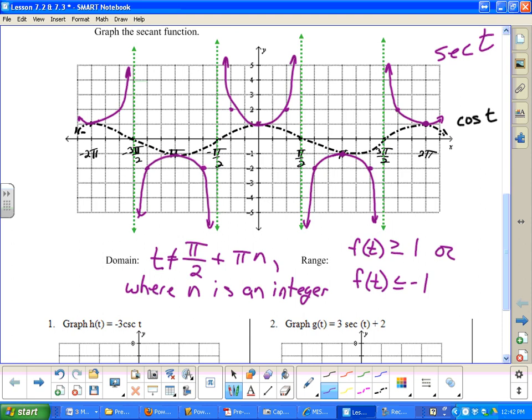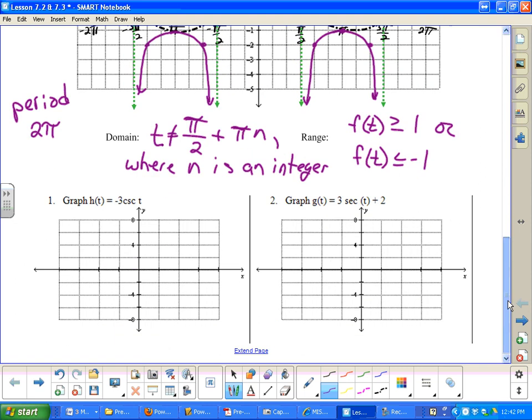And the period is 2 pi. Is that better, Allie? Just that when you're doing it a lot, then it's easier just to put a line over it. Not that I can't do it, I just choose not to.